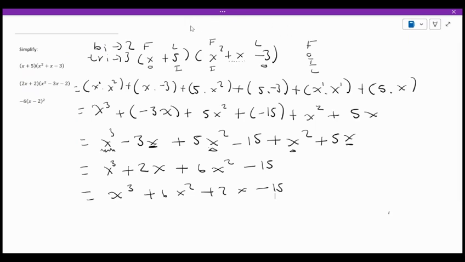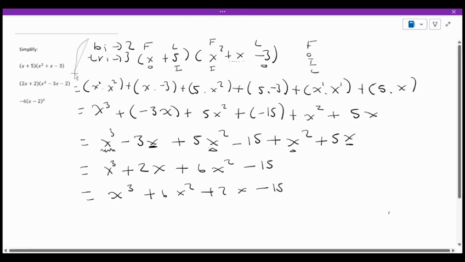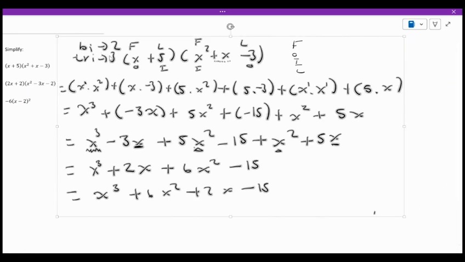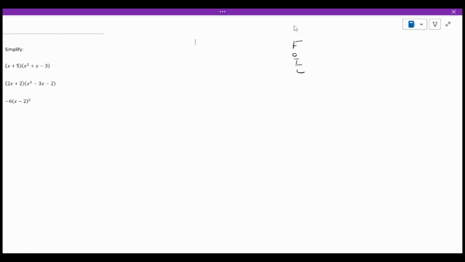But let's look at another example again. We have 2x plus 2, times x squared minus 3x minus 2.